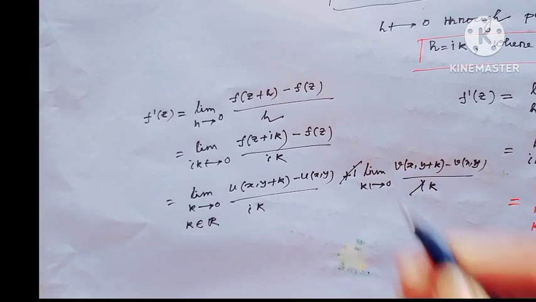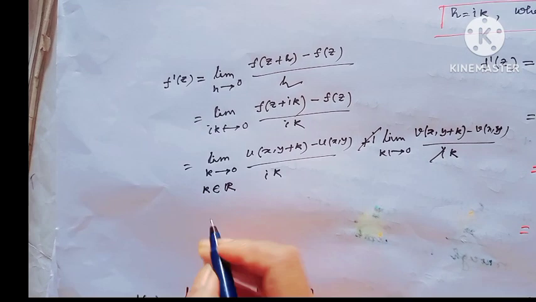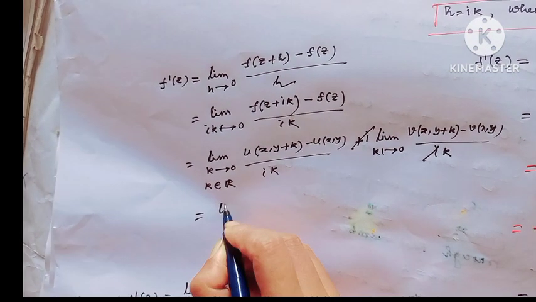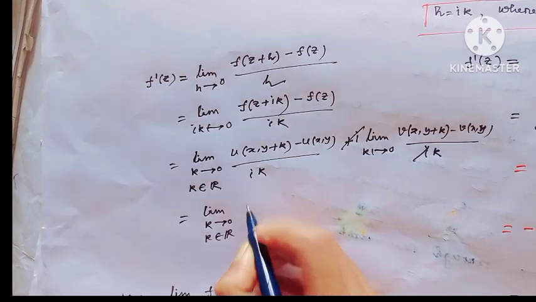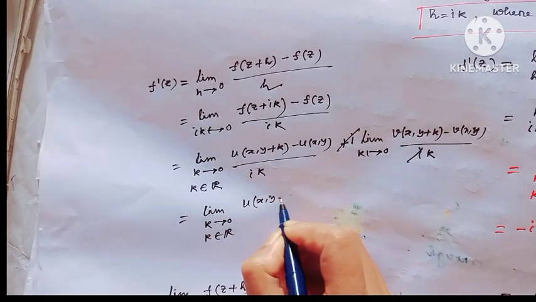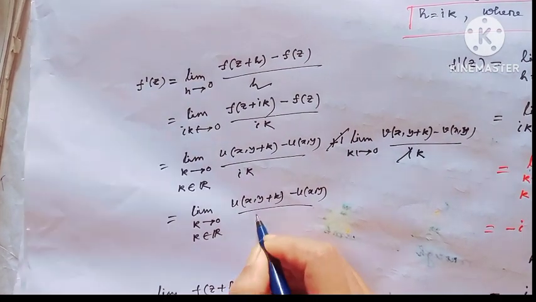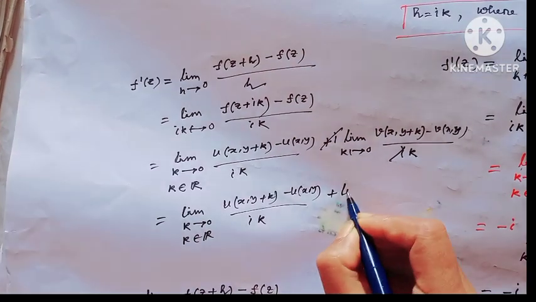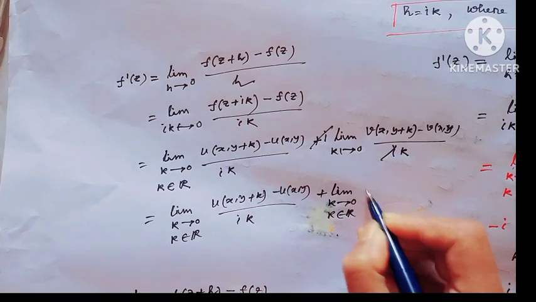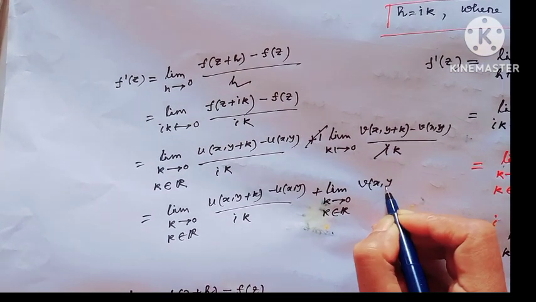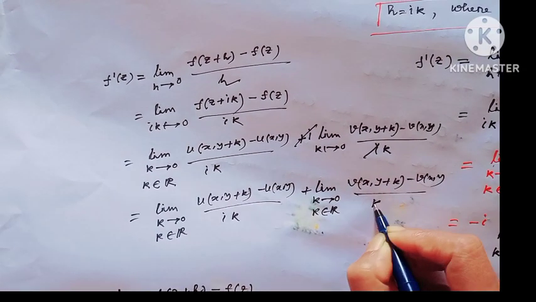Now cancel this part, then this value would be limit k goes to 0 and k belongs to R, u of (x, y+k) minus u(x, y) over k, plus limit k goes to 0 and k belongs to R, v of (x, y+k) minus v(x, y) over k.